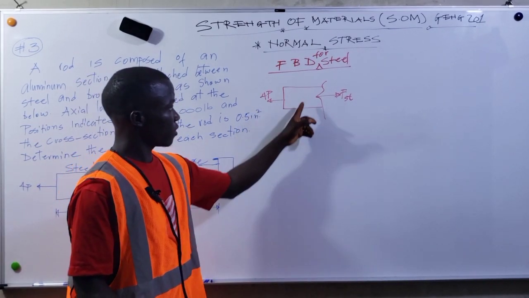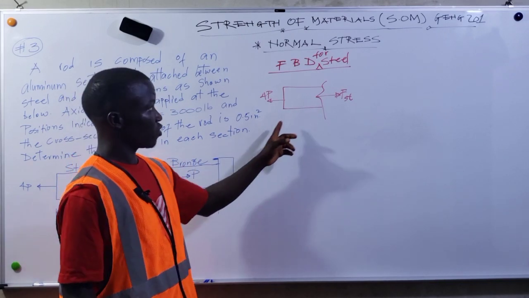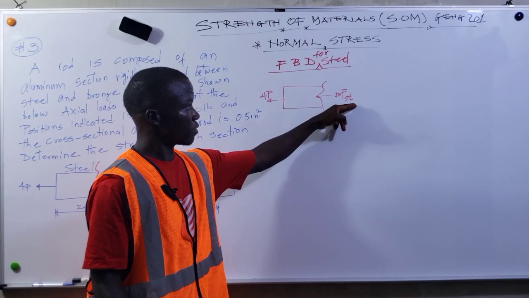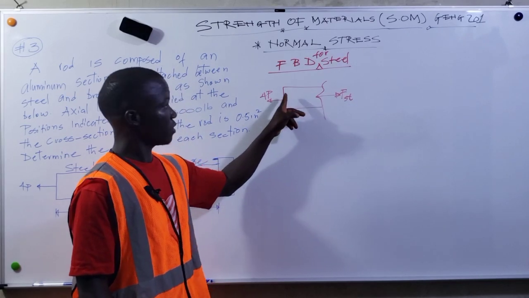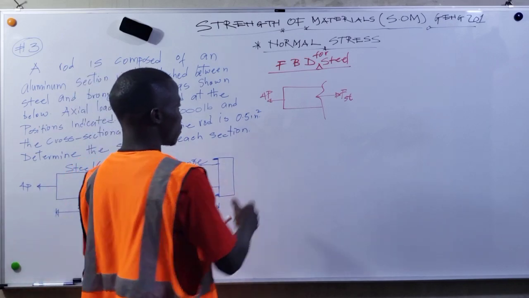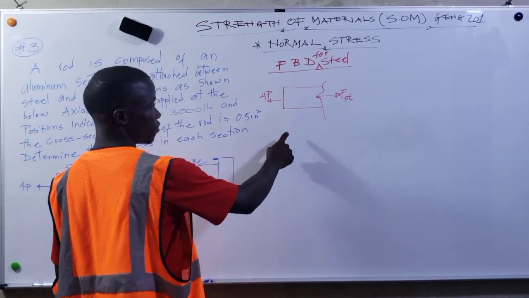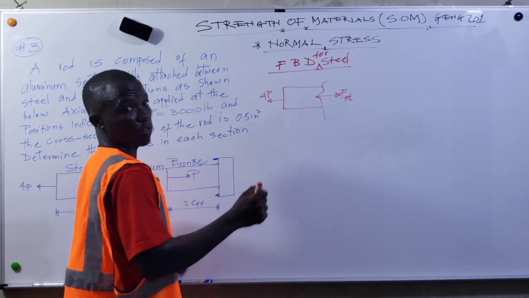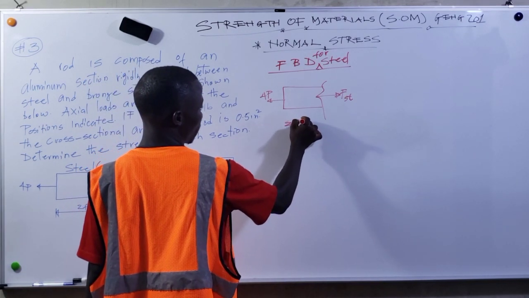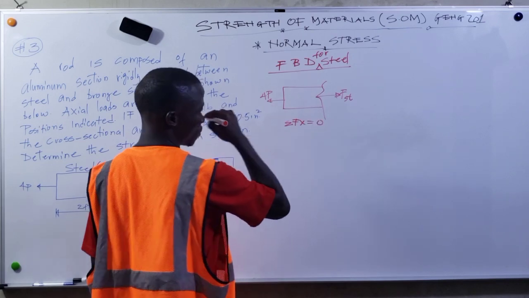In order for this steel section to be in equilibrium, we have to draw the force opposite to this external force. Now, in order to find the force, we apply the law of equilibrium, saying summation of F of x is equal to 0.